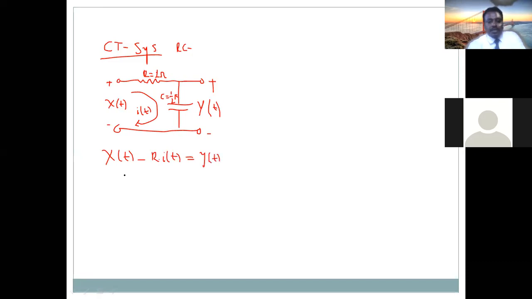Okay, R is 1 ohm, so x of t minus 1 times I of t, which is I of t, will give us the output. Let's say this is our equation number 1. Next, what is the current through the capacitor? Current through the capacitor, I of t, is equal to C d by dt of the voltage.